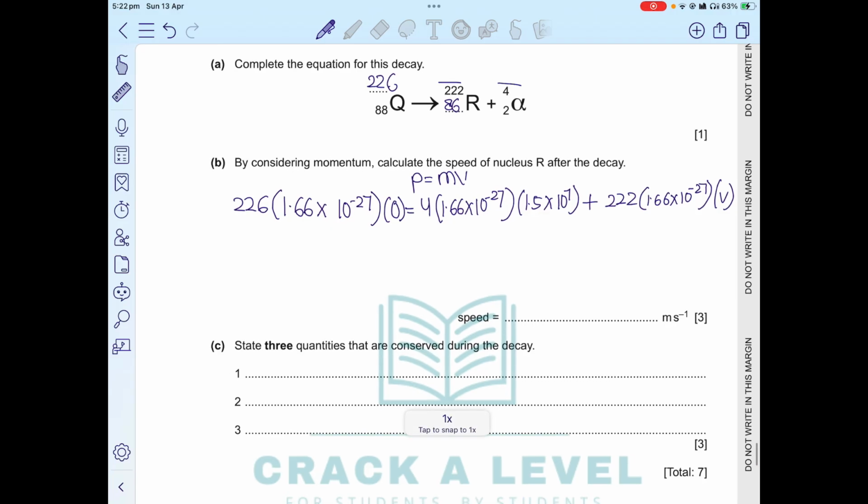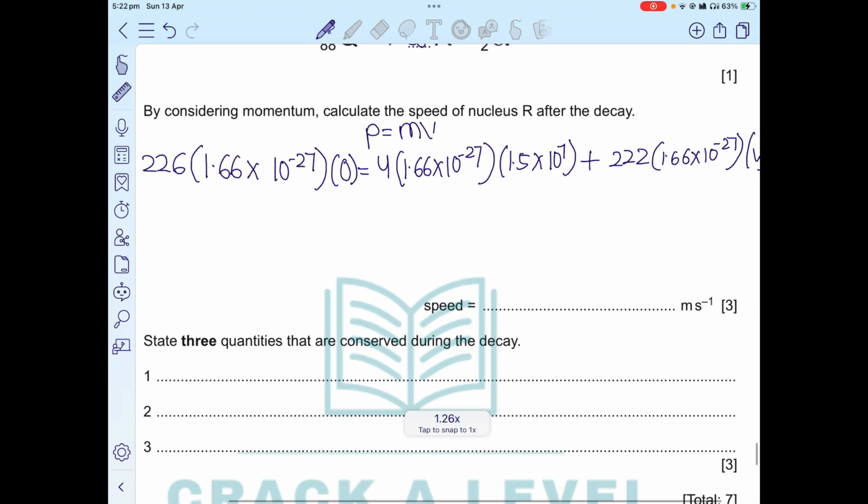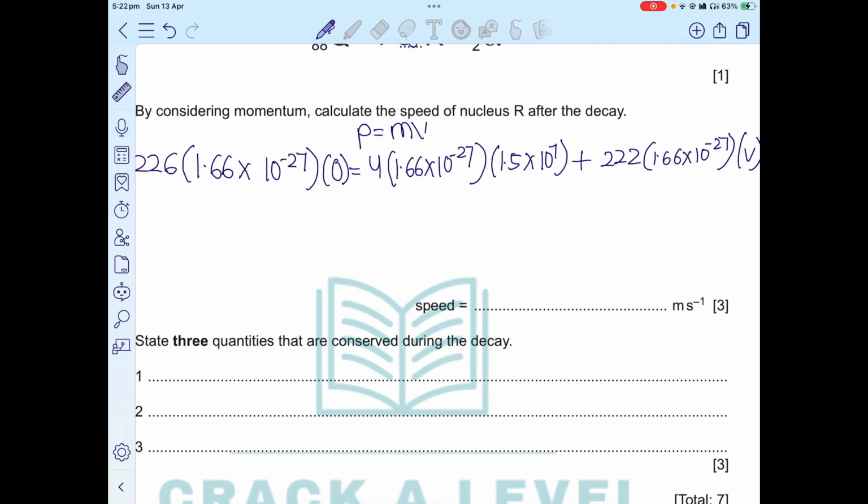Now look, we can make the calculation simpler because we can divide all three terms by 1.66 × 10^-27, and they essentially cancel each other out. So 226 × 0 equals 4 × 1.5 × 10^7 plus 222 × v.